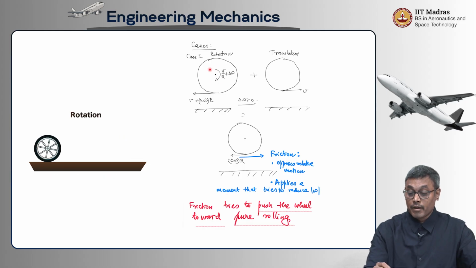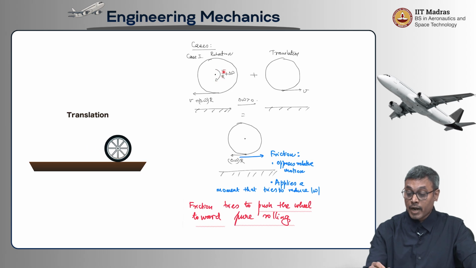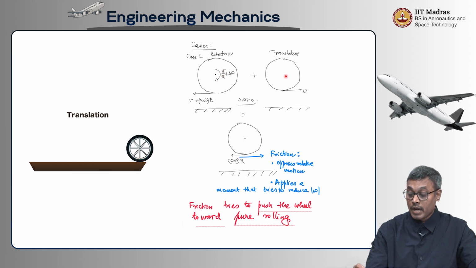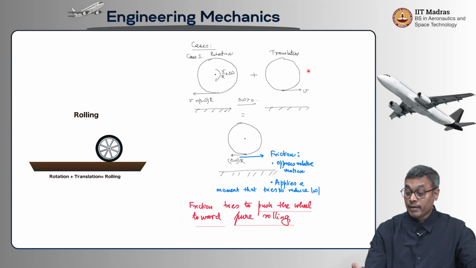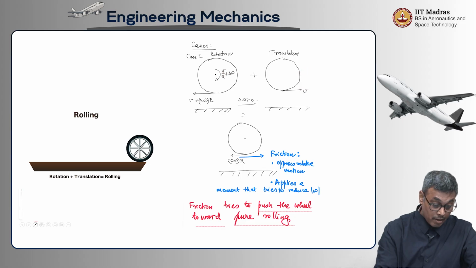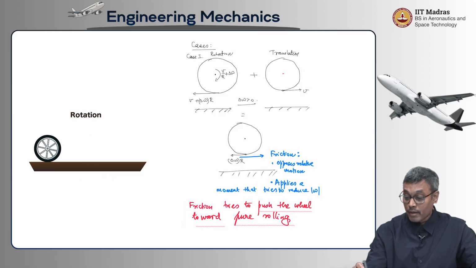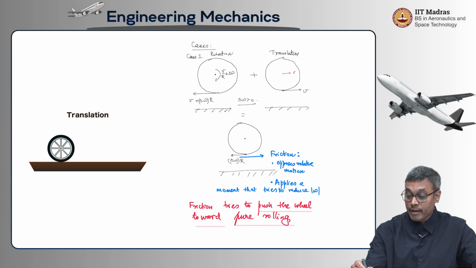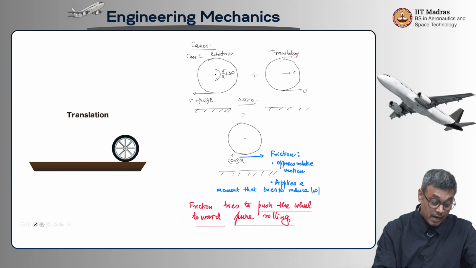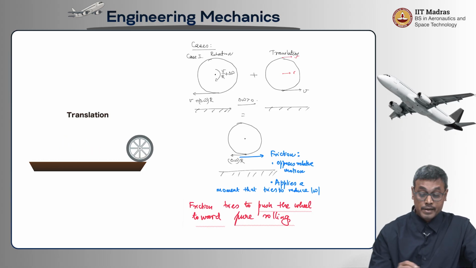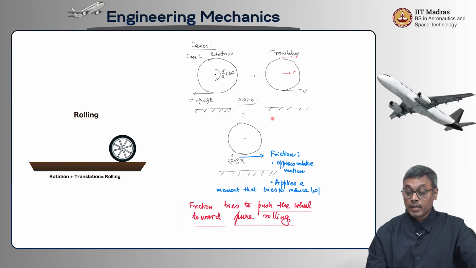So we have omega equal to v by r. If you had omega equal to v by r and translation happening with speed v, let me write that down. If you have exactly omega equal to v by r and translation happening at speed v, then you have a condition of pure rolling.